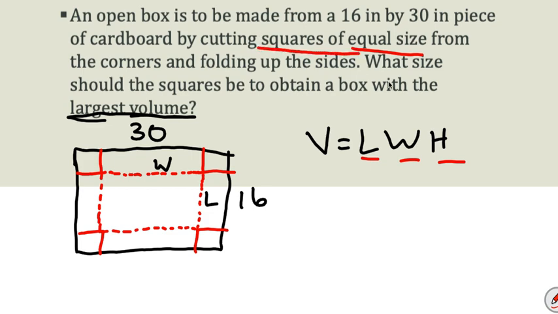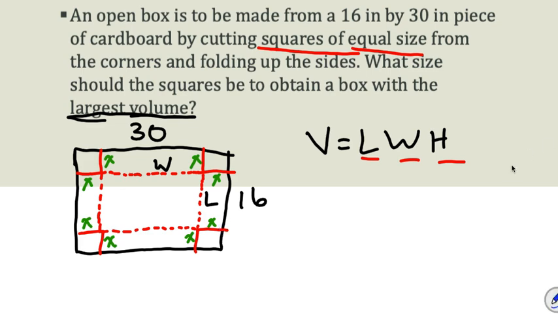So let's throw down a variable. Doesn't matter what we choose. Let's just say x. So all of these pieces are x because we're told that these are all squares being cut out. You don't really need to fill them all in here. Just know that they're all x's.